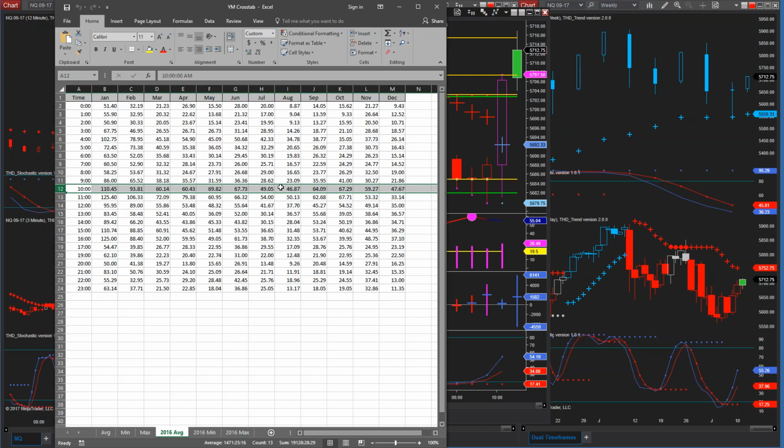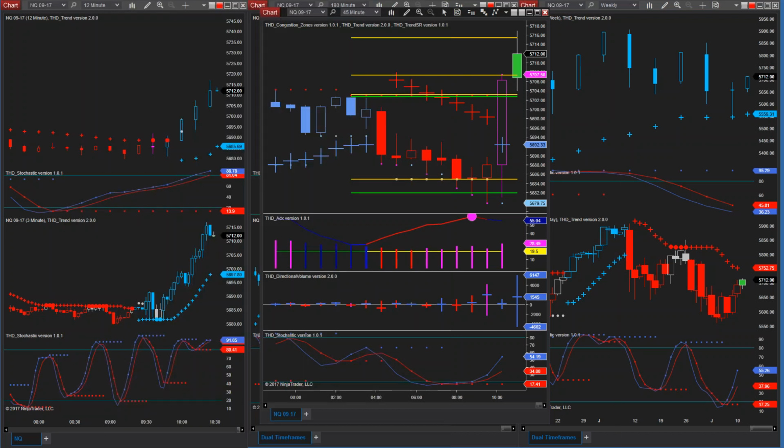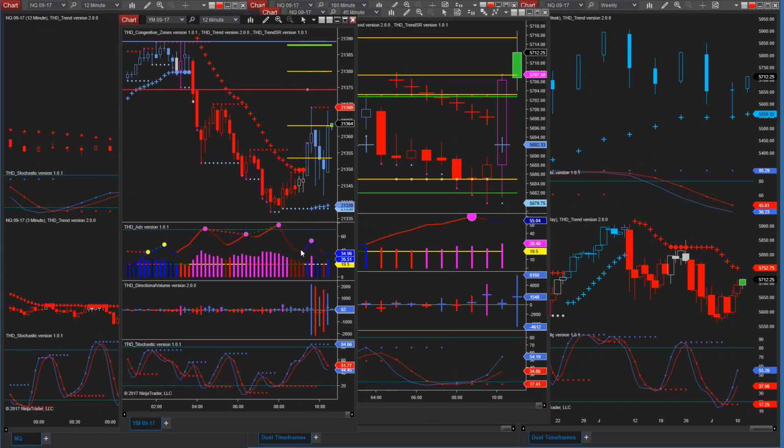You know, and this is just an example here, where, okay, let's say that you have the indicators. Here's a magenta peak. That's not a magenta peak, but here's a magenta peak, okay?